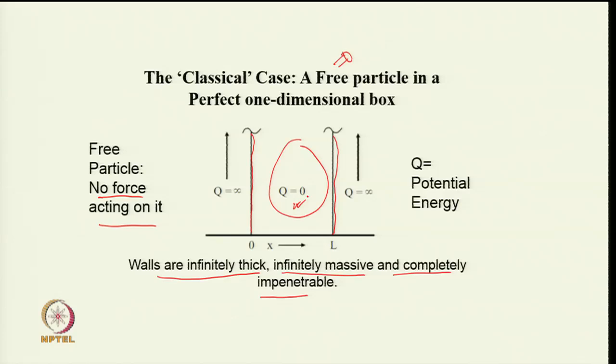Since there is no way the particle will be in this region or this region, let us say this is region 1, this is region 3 and this is region 2. In regions 1 and 3, the potential energy is infinite, because there is no way this free particle will exist in these regions.